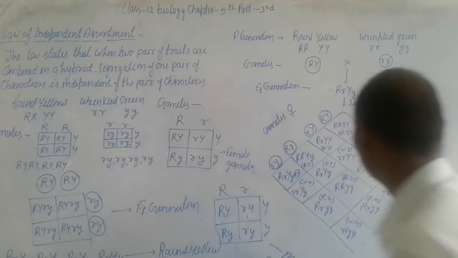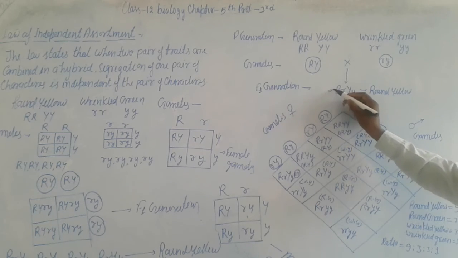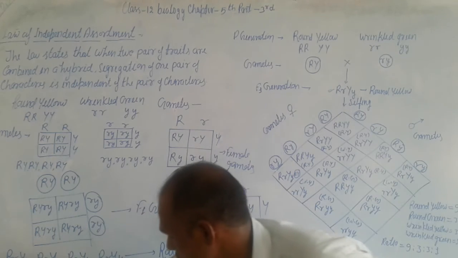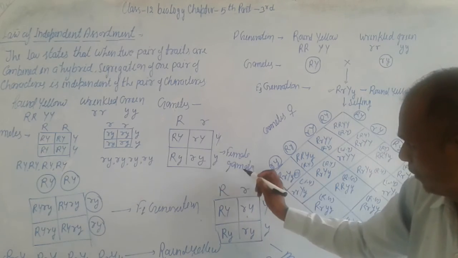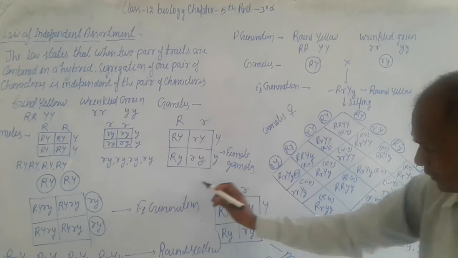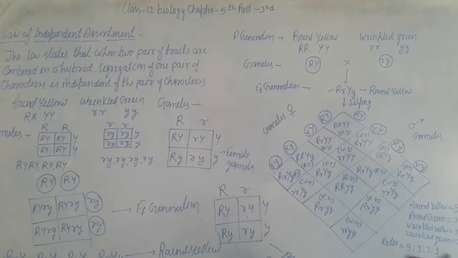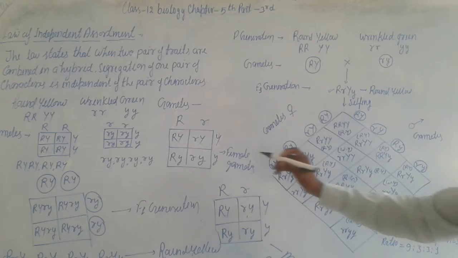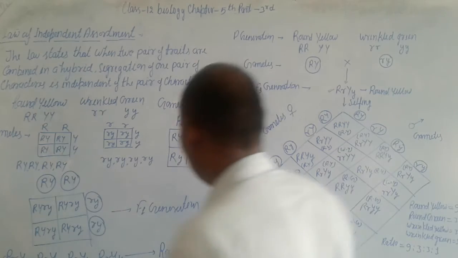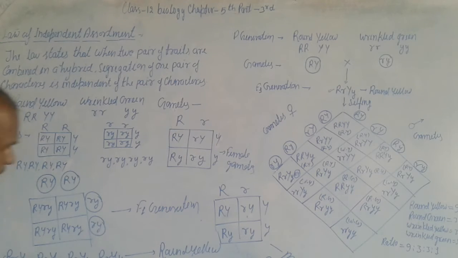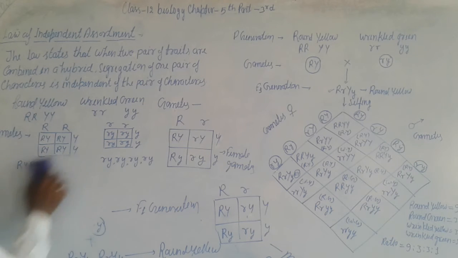You can see here round yellow in the F1 generation. We found here R and R. When we cross the gametes, we get male gametes here. Then selfing, again selfing between male gametes and female gametes.